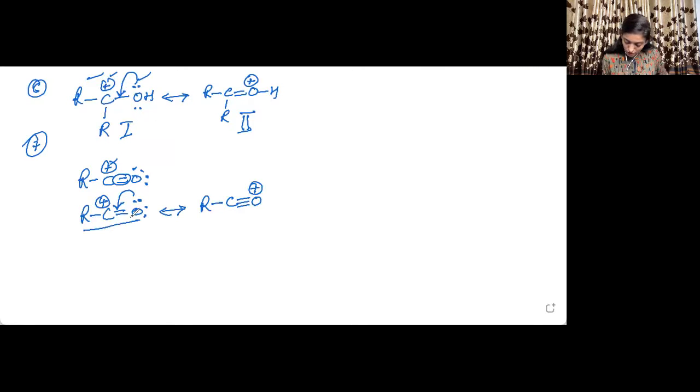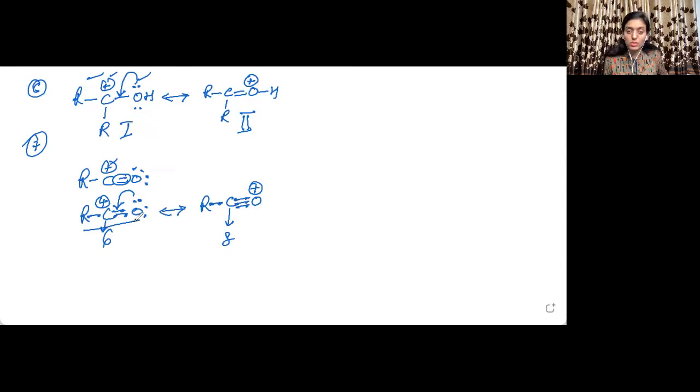In this structure, this carbon is having only 6 electrons. This is 1 pair, 2 electrons, 2 electrons from this bond, 2 electrons from this bond. I think you can see it, right? So a total of 6 electrons are there. But in this case, this carbon is having these 6 electrons and 1 pair from this. So here it is having 8 electrons. Here it is having 6 electrons.